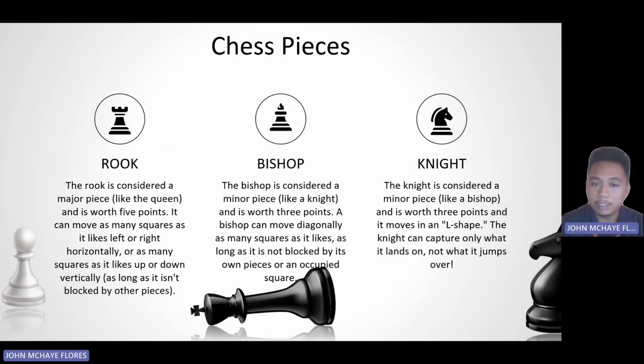Another chess piece is the bishop. Bishop is considered a minor piece, like a knight, and its worth is 3 points. A bishop can move diagonally as many squares as it likes, as long as it is not blocked by its own pieces or an occupied square.